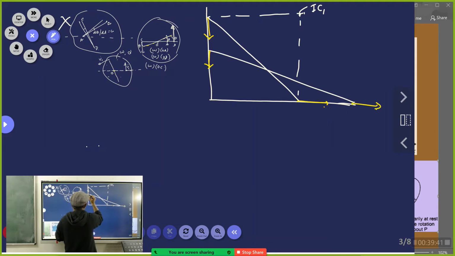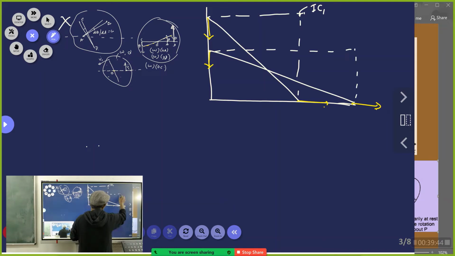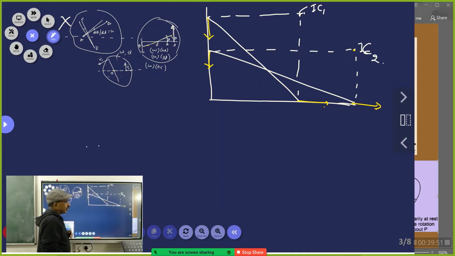Now again you drop the perpendiculars, and this becomes the instantaneous center IC2. So you can see that the IC is changing.